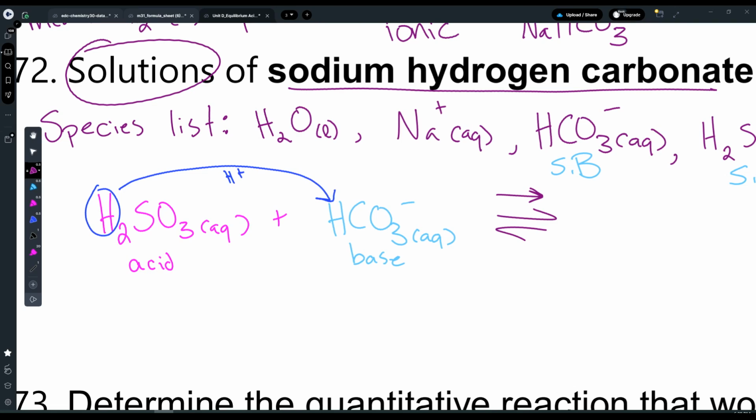And since I need to communicate whether the forward or reverse reaction is favored here, that's why I need to look at if my acid is above or below my base. So since it was above, forward reaction is favored.